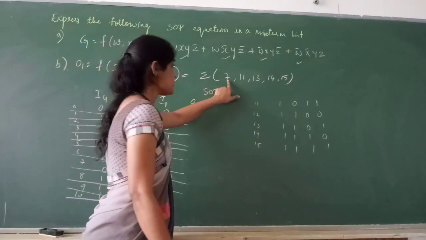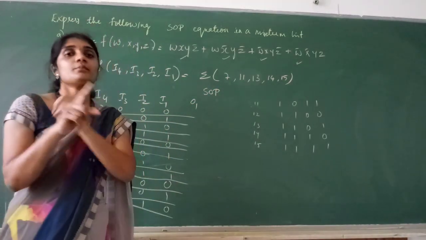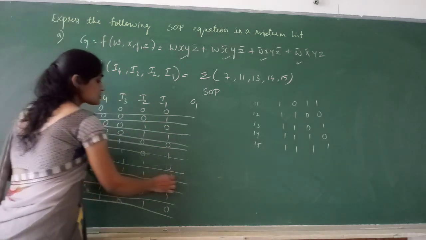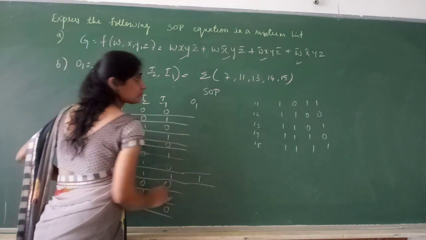So min term 7 means that the 7th min term is taking the output value 1. So this is 7, so this will take the output value 1.